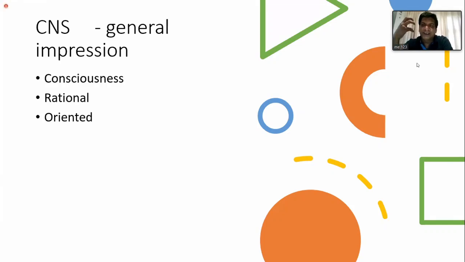But when a fit is generalized, with both upper limbs, both lower limbs, face and tongue all fitting, the seizure activity has spread into the entire brain. So the reticular formation is also involved, and then you lose consciousness. That's why with focal fits you don't lose consciousness, and with generalized fits you do. It's a function of the reticular formation.